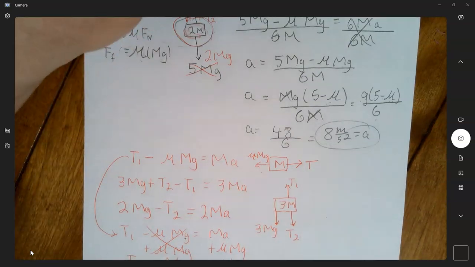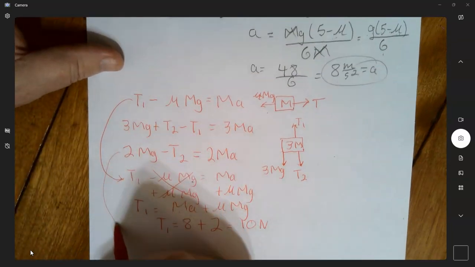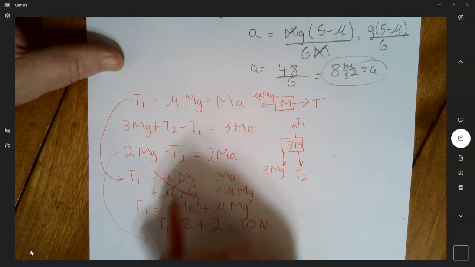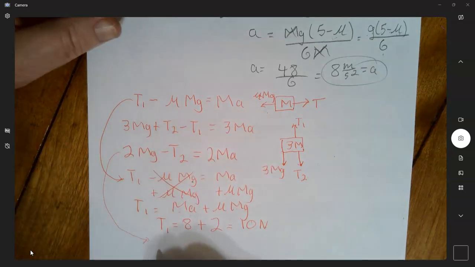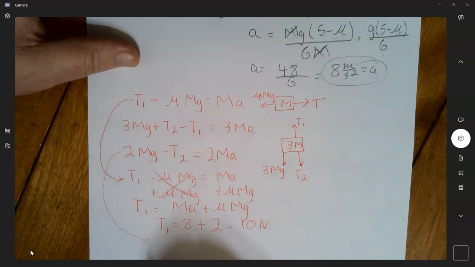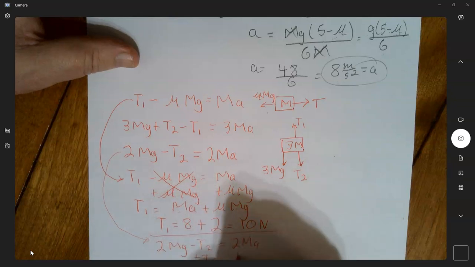All right. Now we'll bring this equation down here for T2. You know T1, so you could have used this middle equation and plugged T1 and a in, but I'm just going to use the one that just has T2. Draw a line under that. Add T2 to both sides.